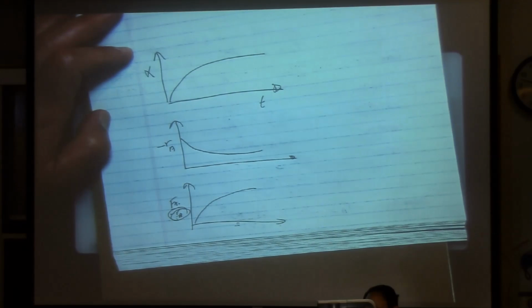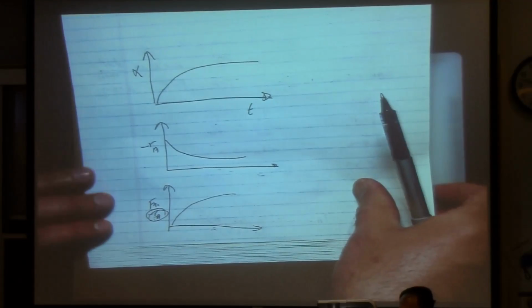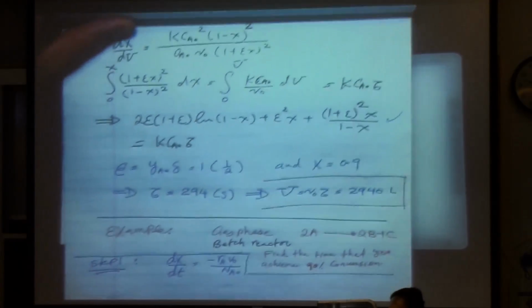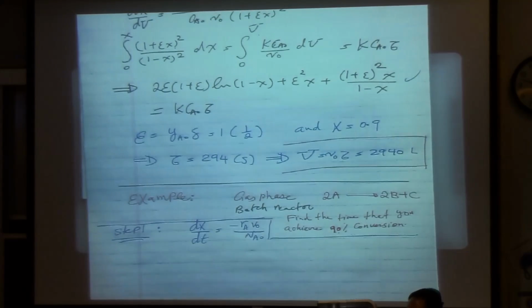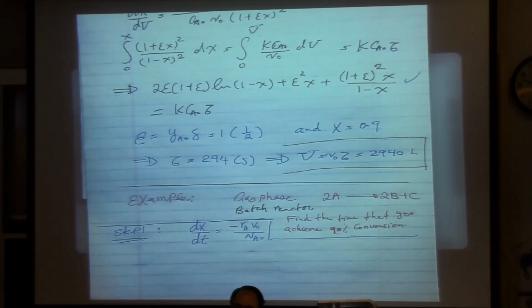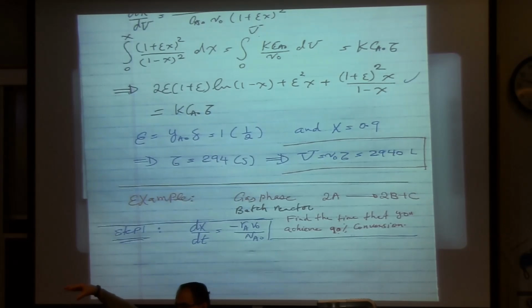I mean, generally speaking, for reactions you anticipate the highest rate at the beginning, unless the reaction is autocatalyzed. What does that mean? As product is produced, that product catalyzes the reaction of the reactant.